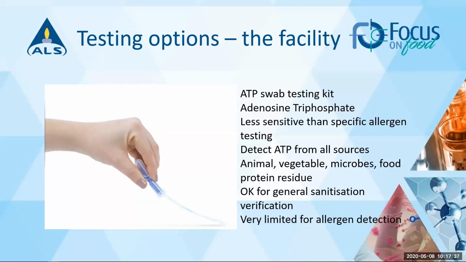It's an organic compound that's found in all forms of life, so animals, vegetables, microbes, and food protein residue. It's important to know that these swabs are not able to differentiate between any of the life forms. So they've limited use testing for allergen residue on a piece of equipment, for example.